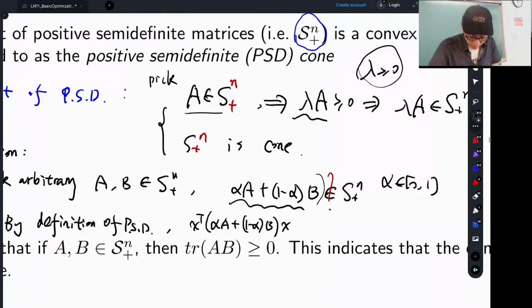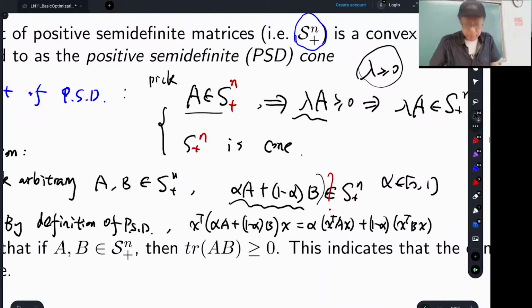So I factor this out: alpha x transpose A x plus 1 minus alpha x transpose B x. I know A and B are both positive semi-definite, so this term is bigger or equal to 0, and this term is bigger or equal to 0.